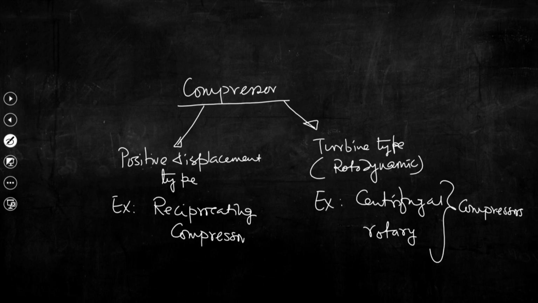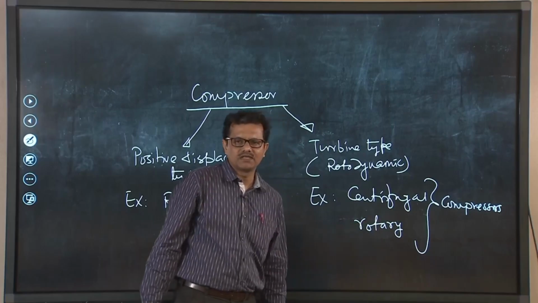Similar to that classification, here you also can classify compressors into two broad categories. The first category is the positive displacement type, in which the main purpose is to increase the pressure significantly, the reciprocating compressor, and the turbine type, that is axial flow type, the centrifugal compressor, the rotary compressor.